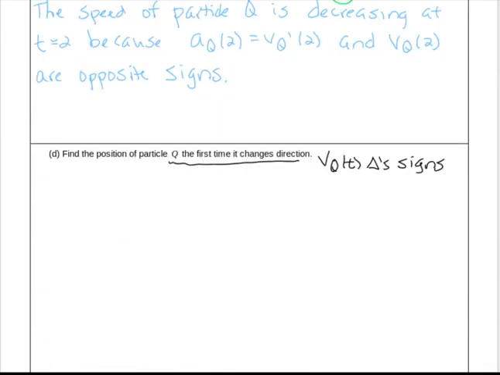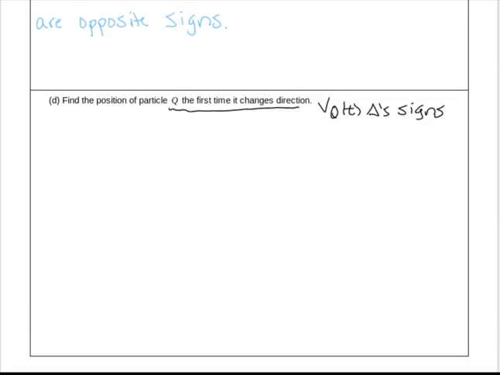So going back down to part D, the first time it changes sign is at t equals 3, so I need to find the position of particle q at 3.